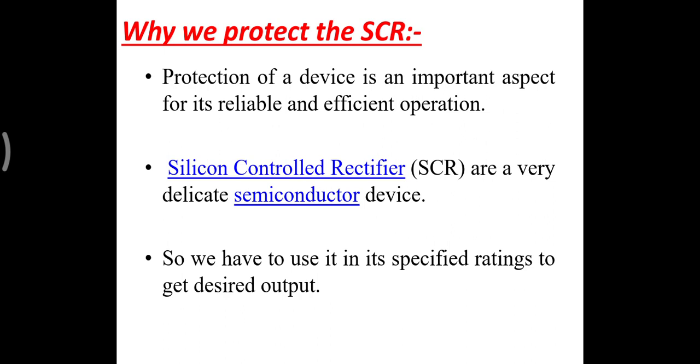Not only SCR, but whatever devices we use in our circuit, every device must be protected, then only our operation will be effective and reliable. The SCR is a very delicate semiconductor, so we have to provide proper protection for our SCR. We have to use the specific ratings for getting the desired outputs.